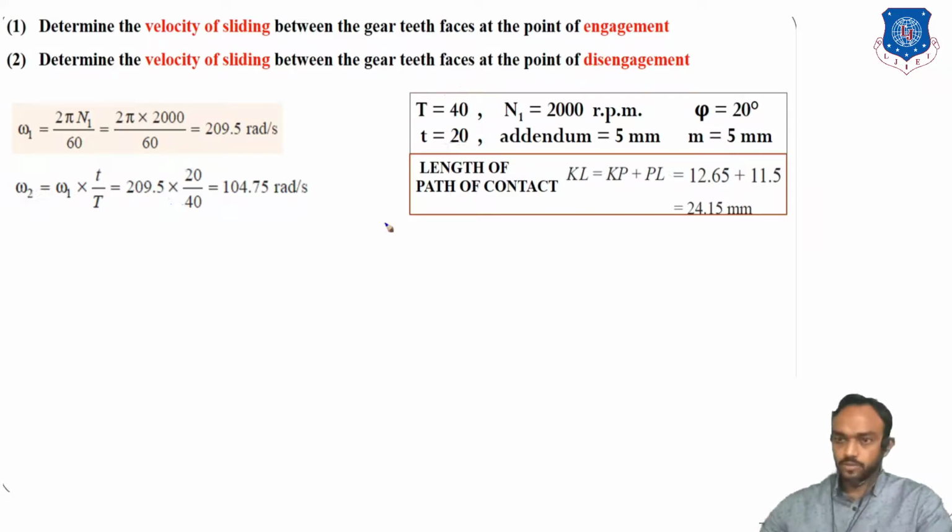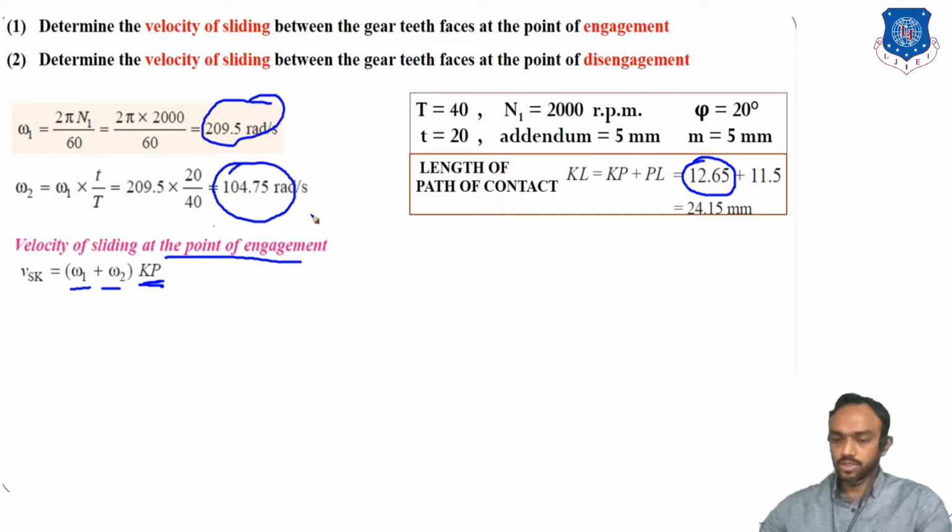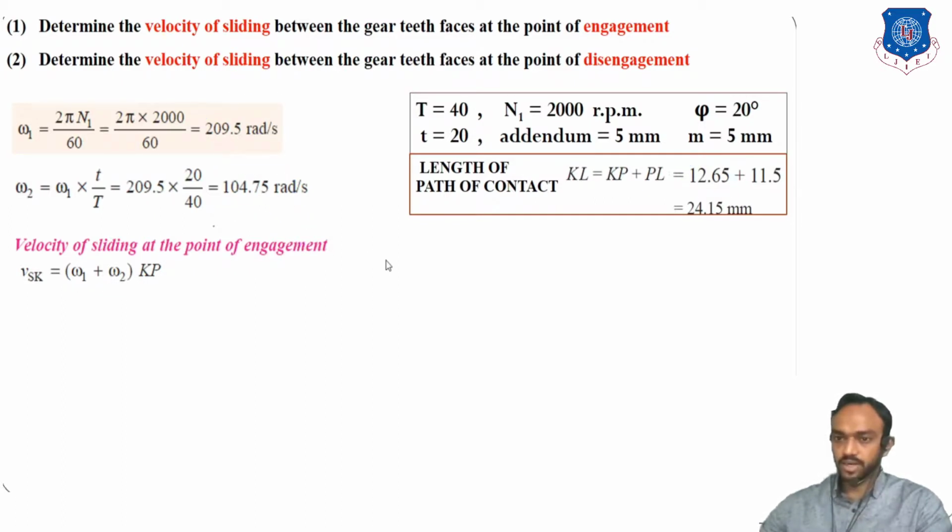Okay. So after that, omega 1 and omega 2, you know the sliding velocity at the point of contact is (omega 1 plus omega 2) into Kp. Kp is already found, 12.65. Omega 1 is 209.5 and omega 2 is equal to 104.79. So put those values and you will find the velocity of sliding at the point of engagement.